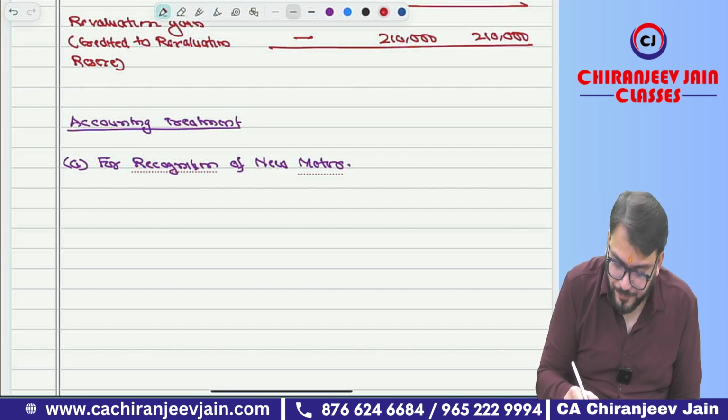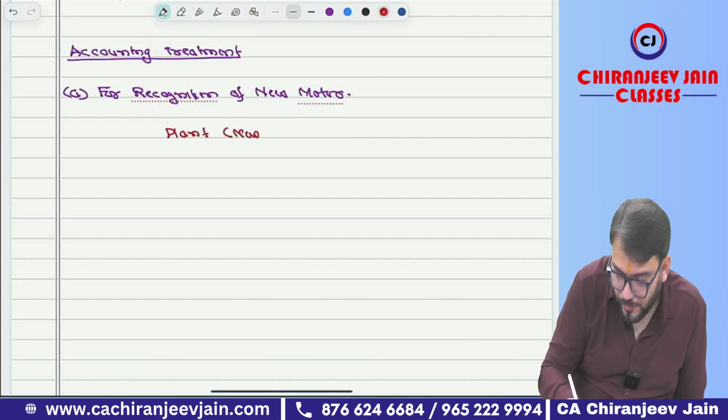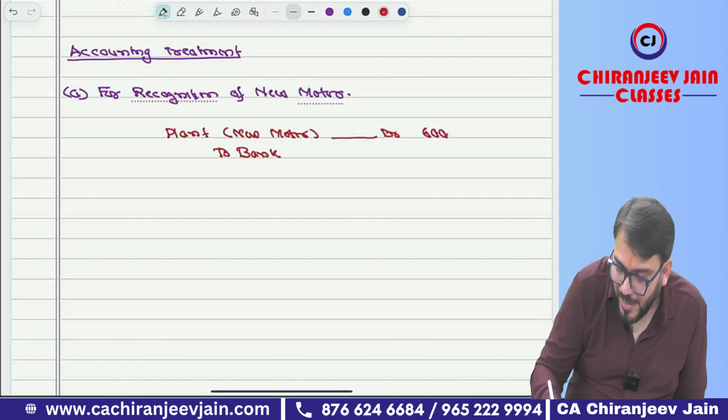What journal entry will you do? Plant account debit, in bracket I am writing new motor account, debit, to bank, that is 6 lakh.